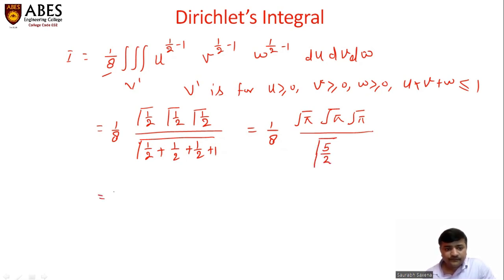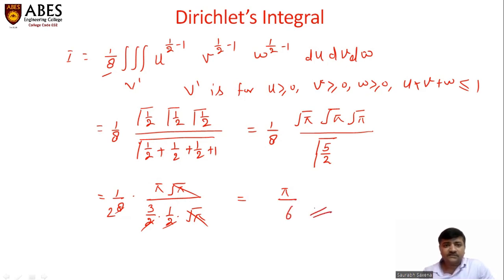It is equal to 1 by 8 pi root pi, and gamma 5 by 2 may be written as 3 by 2 into 1 by 2 into root pi. Root pi and root pi cancel out. 2 twos are 4, 2 fours are 8. You will be getting pi by 6 as your answer.